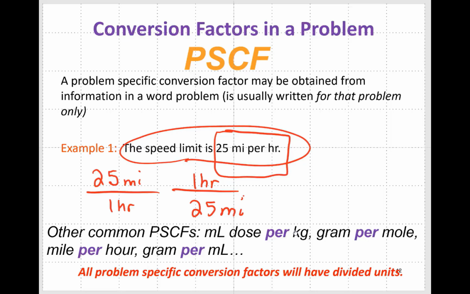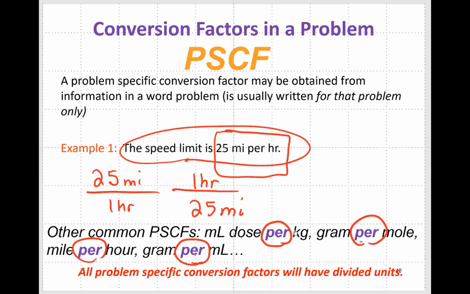To recognize a problem-specific conversion factor, you're looking for words like per. So, for example, milliliters dose per kilogram, or gram per mole, or mile per hour, as we did in this case, or gram per milliliter. Those are just some examples.